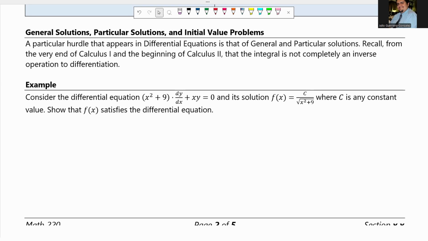Here's where that nasty idea of a constant comes up. Remember back in Calc 1, when you take the derivative of a constant value, it automatically becomes 0? And when you take the integral of that function, you always had to do this plus c at the end.